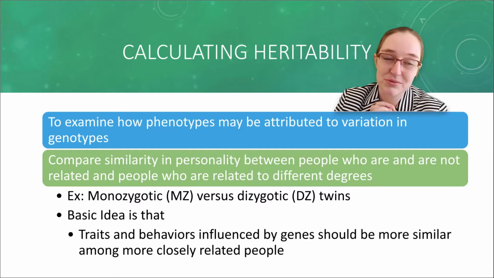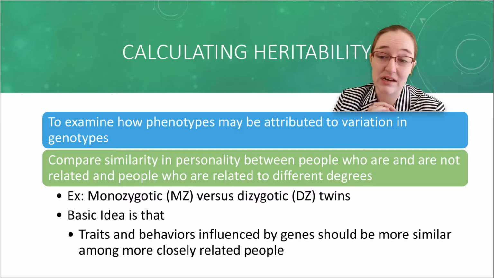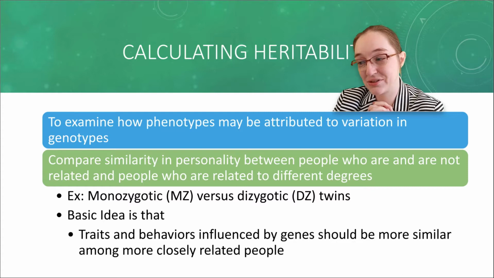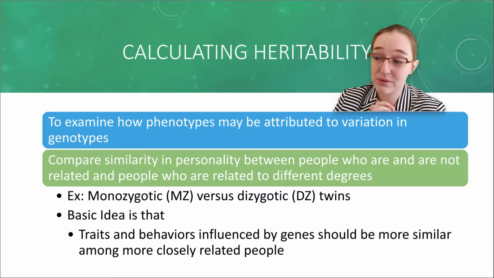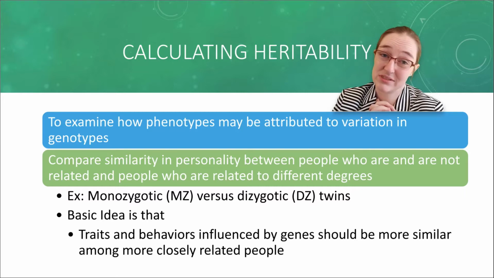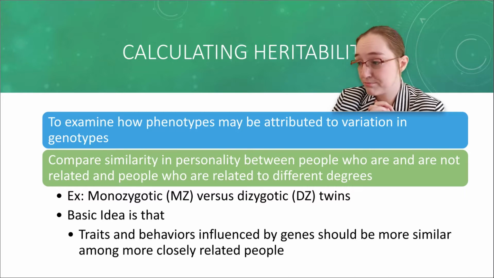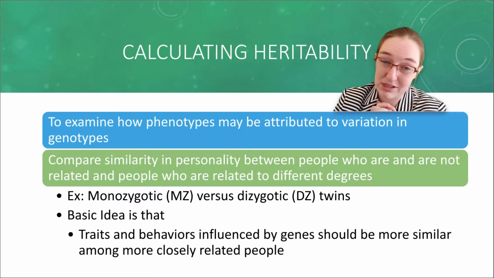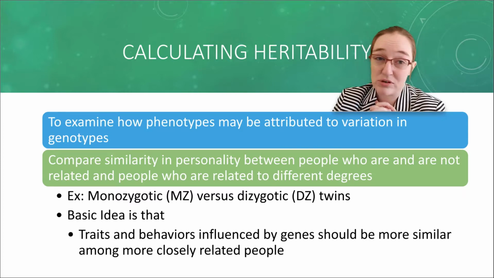So what you can do is compare groups of known relatedness, so identical twins versus fraternal or dizygotic twins. Fraternal and dizygotic twins, same thing, for the most part. And so what you do is you compare similarities.